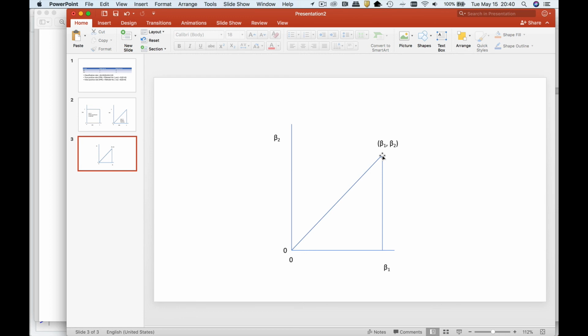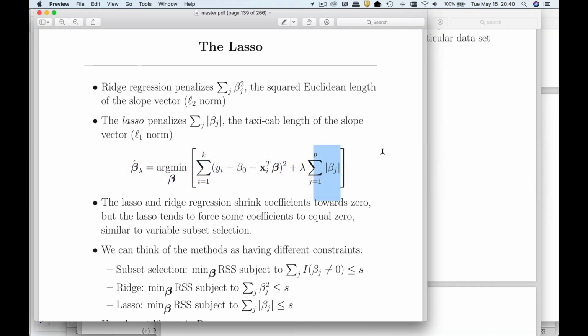Now this metric has a very important property. I've written it out here. The lasso tends to force some coefficients to equal 0. So it's going to shrink some and it's going to zero some out.